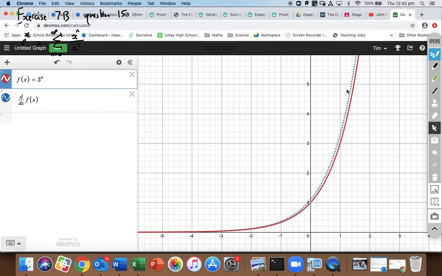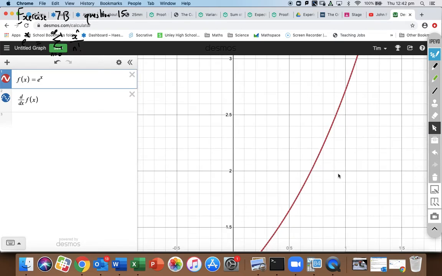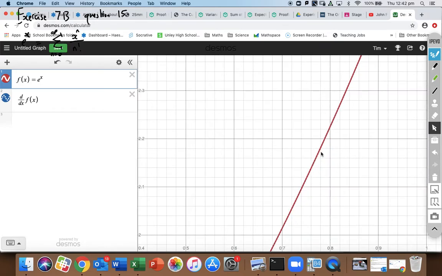Right, so the blue line, the derivative function line, is now above. Is there some magic number in between 2 and 3 where the derivative is the function? And we know there is, and that answer is e. If I zoom in, I can see some blue dots directly on the function line in red.